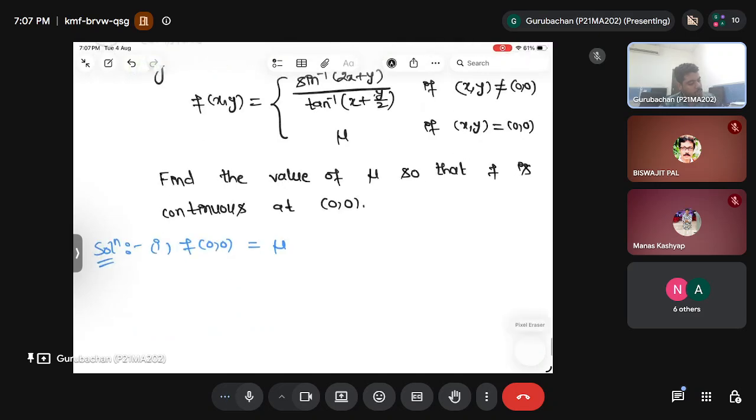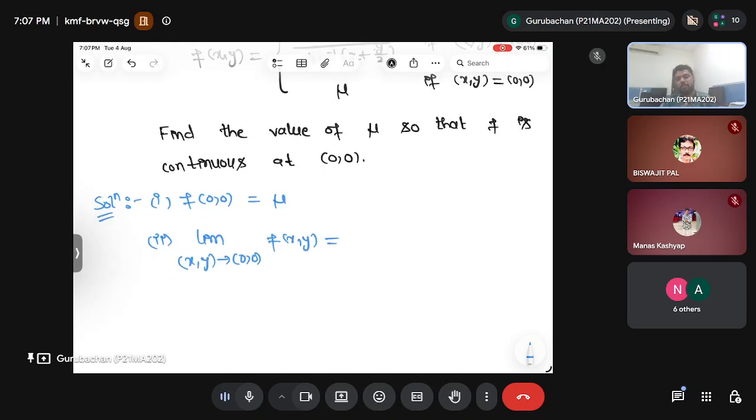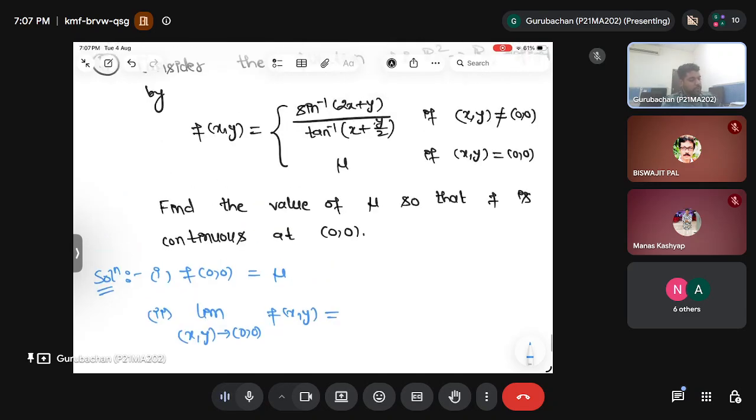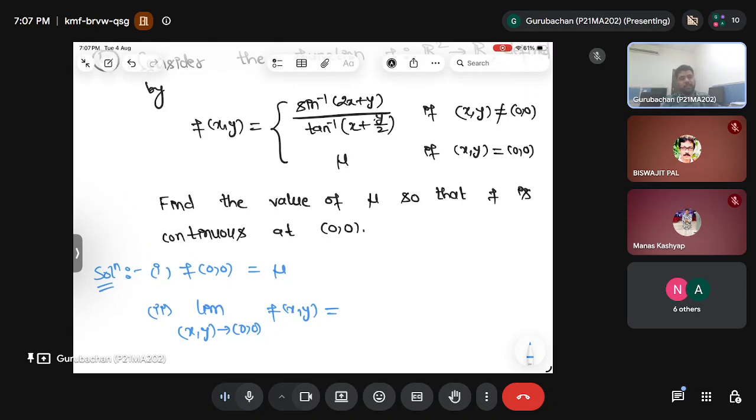Second condition, you need to calculate the limit as (x,y) tends to (0,0) of f(x,y). You need to calculate this one. Then you can equate them and you will get your answer. So now tell me, how can you calculate this one? Here is the question. Quickly tell me.